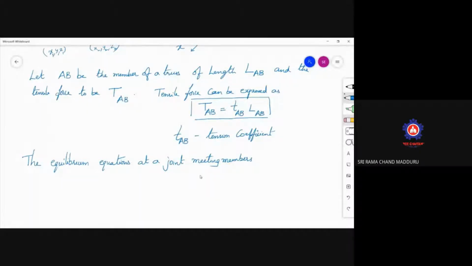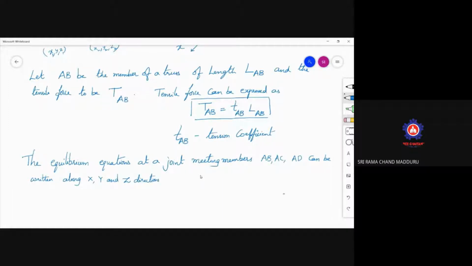The equilibrium equations at a joint meeting members. I'm assuming that three members are meeting here, AB, AC, AD. These can be written along X, Y, and Z directions.